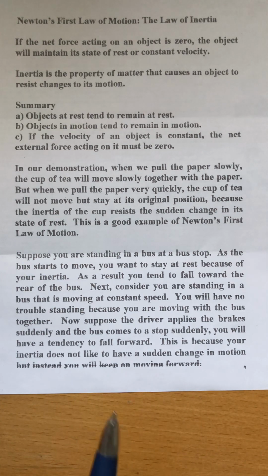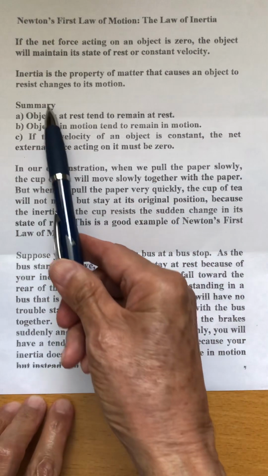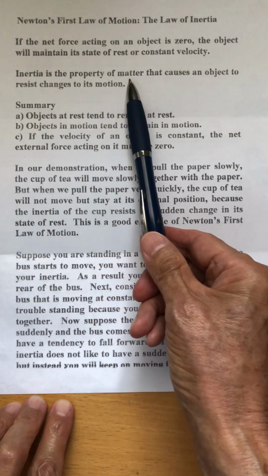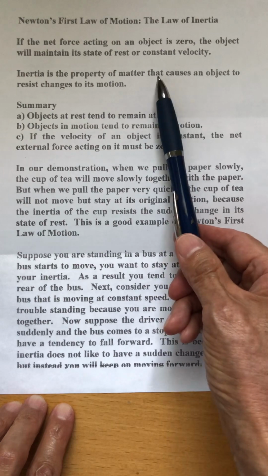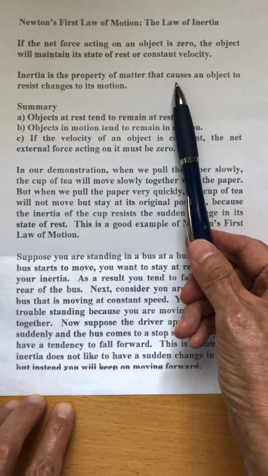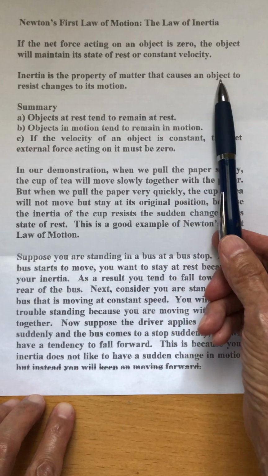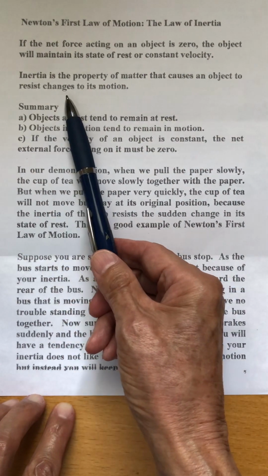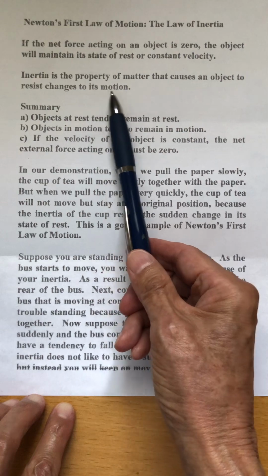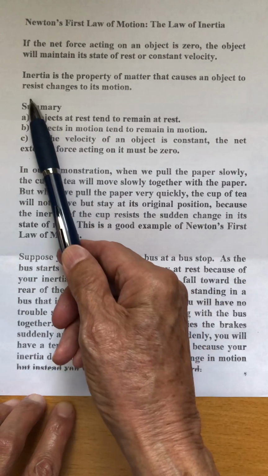There is a word called inertia. The first law is also called the law of inertia. What is inertia? Inertia is a property of matter that causes an object to resist changes to its motion. What does this mean?